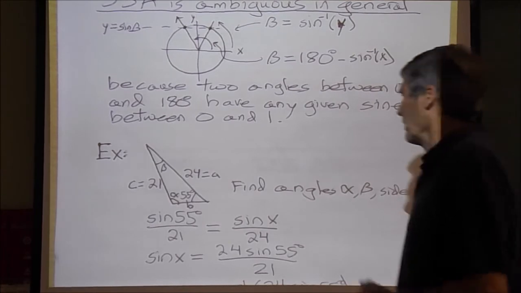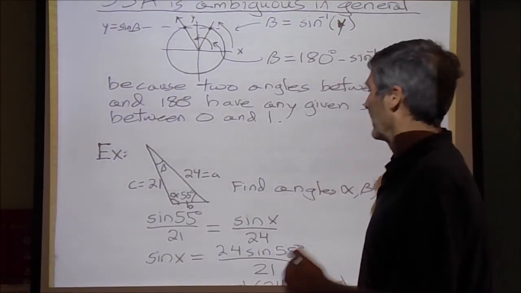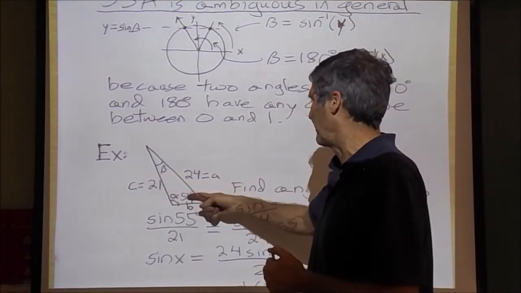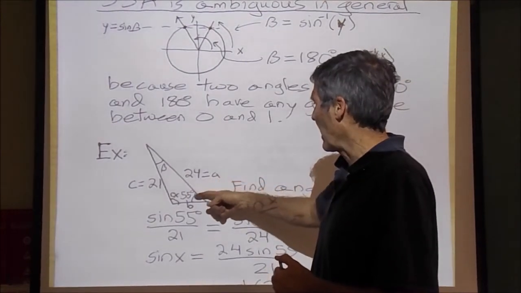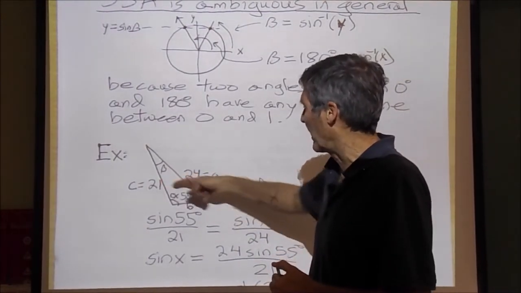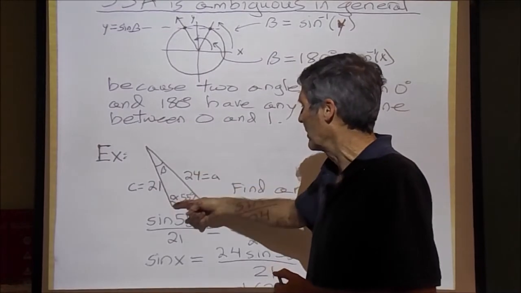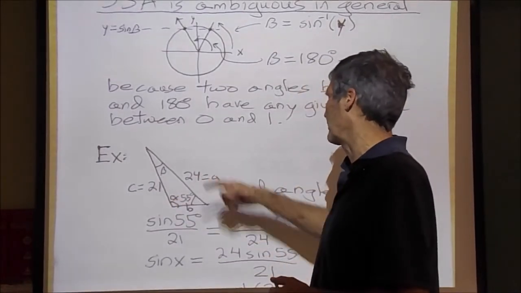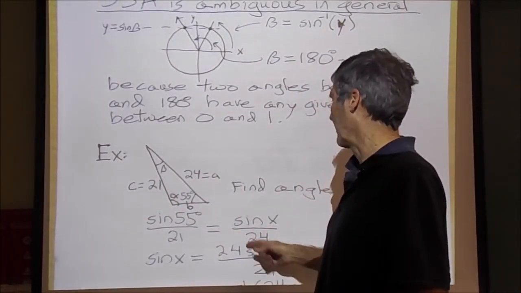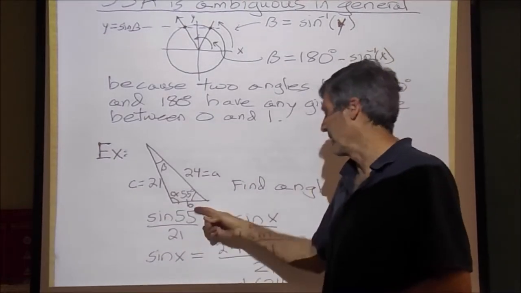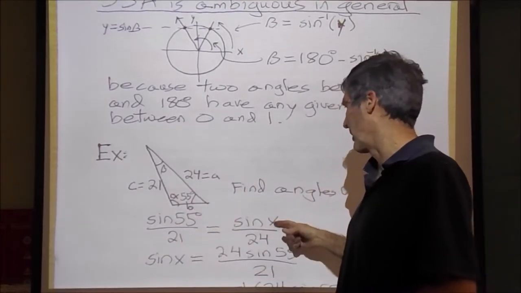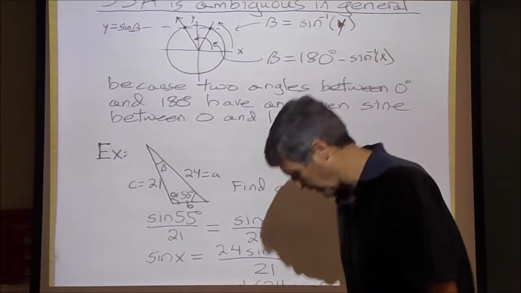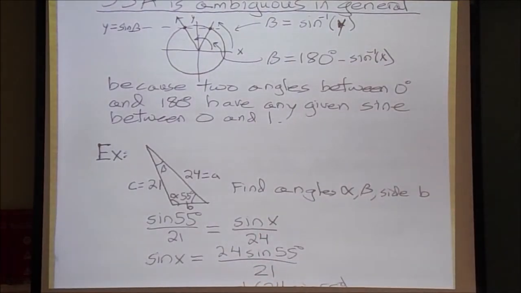Well, we can say by the law of sines, we'll use the three things we know, right? 24, 21, and 55. And we use this angle on its opposite side. The sine of 55 is to 21 as the sine of this angle is to 24. Right? So we get this from the law of sines. Sine of an angle to its opposite side is sine of another angle to its opposite side. That should be alpha, shouldn't it?